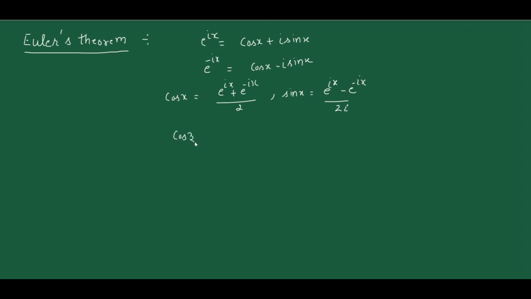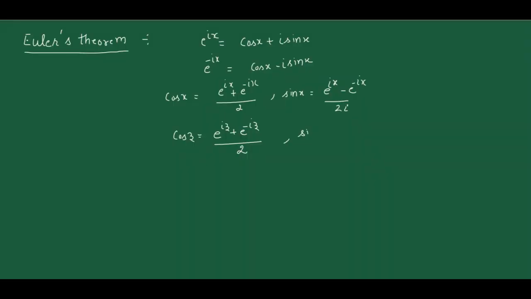Then we have extended this as cos z for a complex number, e raised to power iota z plus e raised to power minus iota z by 2, and sine of z as e raised to power iota z minus e raised to power minus iota z by 2 iota. So these are the representation of sine and cos of a complex number.